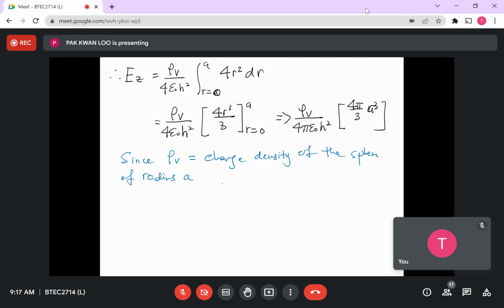Okay. Therefore rho v can be written as the total charge distributed over the volume, right? Distributed over the volume.